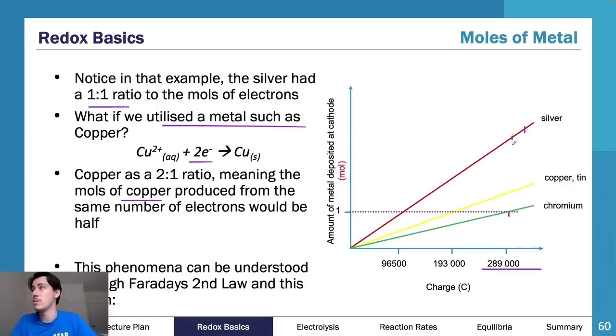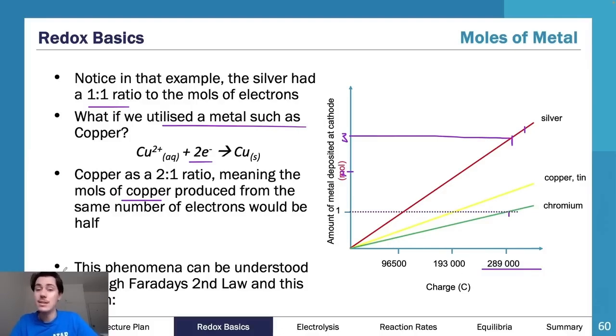I'm going to get 3 moles of silver, 2 if I was down here, and 1 if I was here. So as you can see, I get 1 mole of chromium at 3 Faradays of charge.